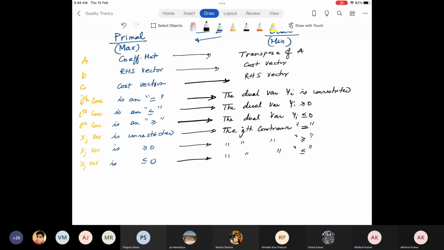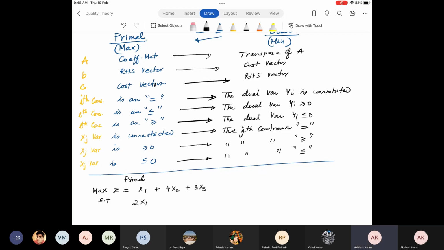Let's say my primal problem is given as: maximize g equals x1 plus 4x2 plus 3x3, such that 2x1 plus 3x2 minus 5x3 is less than or equal to 2, 3x1 minus x2 plus 6x3 is greater than or equal to 1, and x1 plus x2 plus x3 is equal to 4.